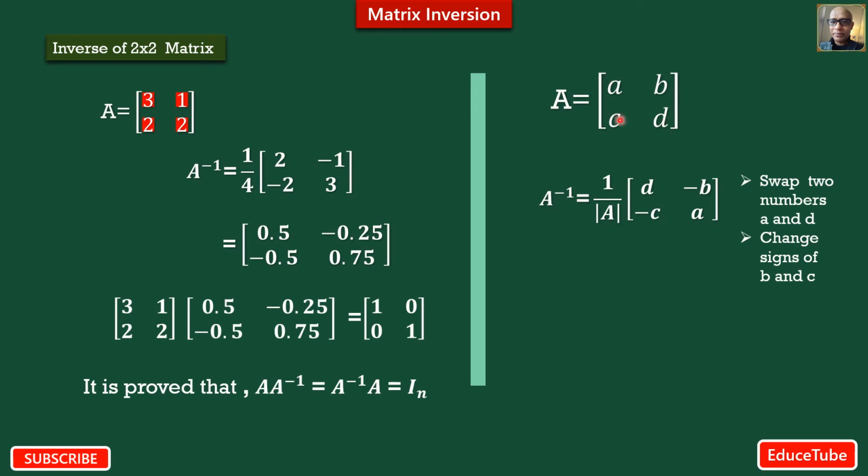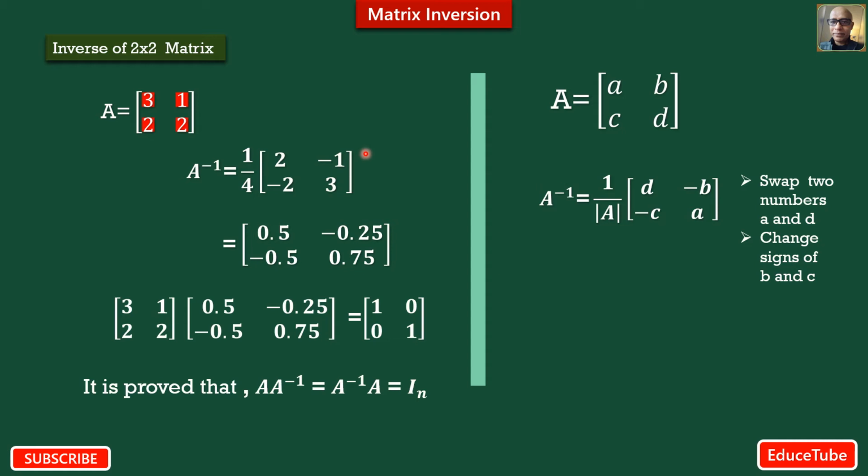As well, in this other direction, I will change the sign of B and C. Like here, A and D just swap. Then this is B, I put here minus B. This is C, here I put minus C. And 1 by the determinant of matrix A. Right away, I get the inverse of A.